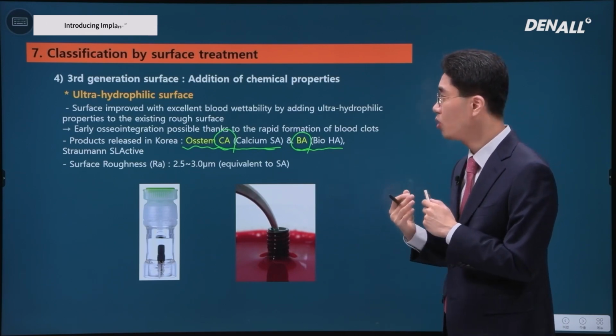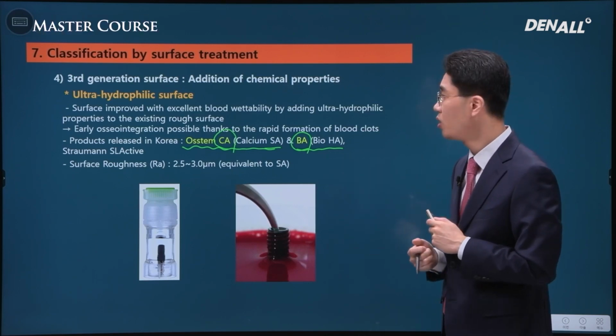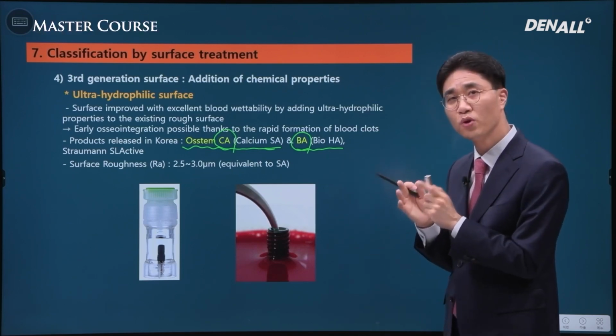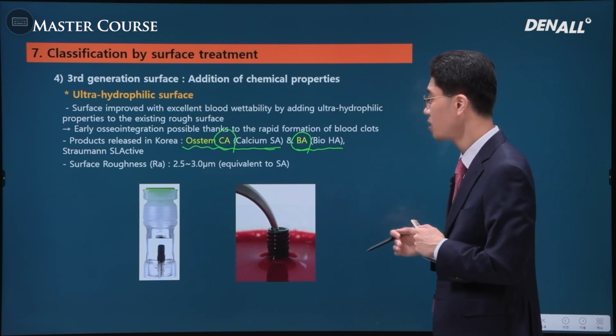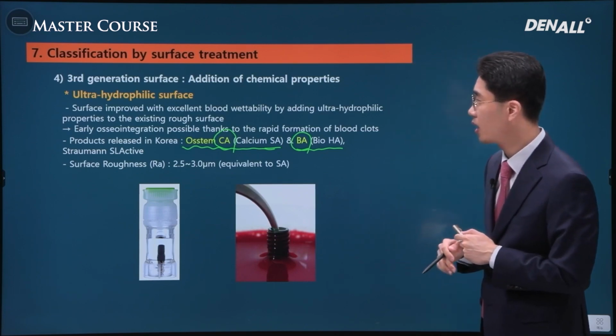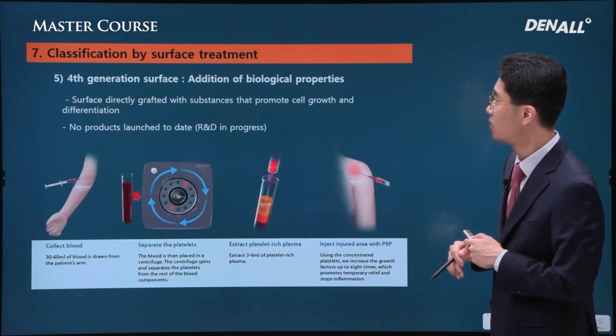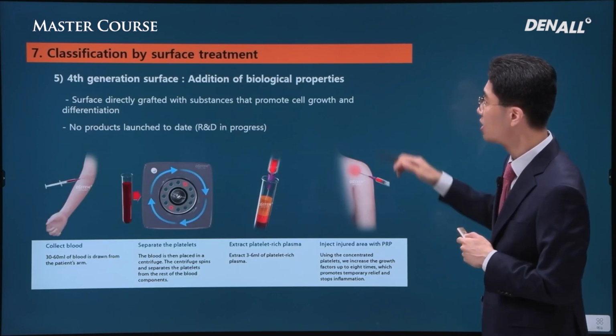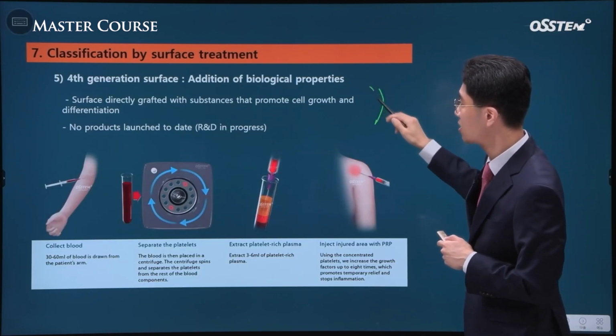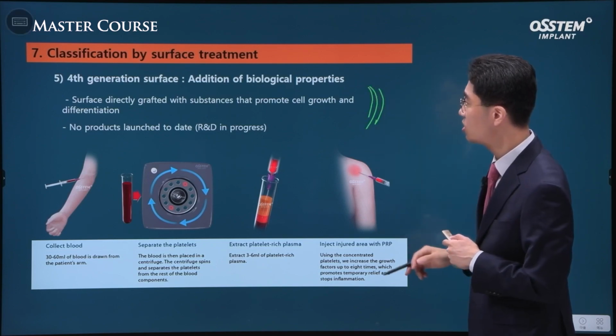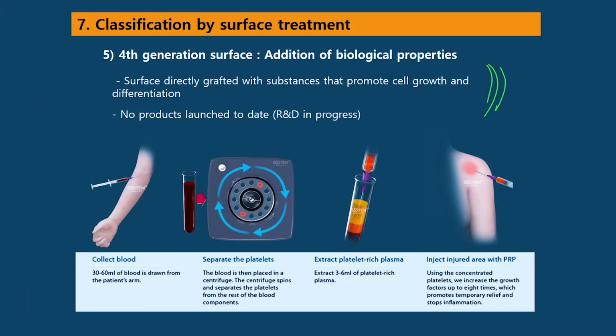The goal is to gain osseointegration quickly and to provide prosthesis within shorter time period. In the future, if such biologic properties can be reinforced, we would be able to get better results. We look forward to products coming out with reinforced properties.